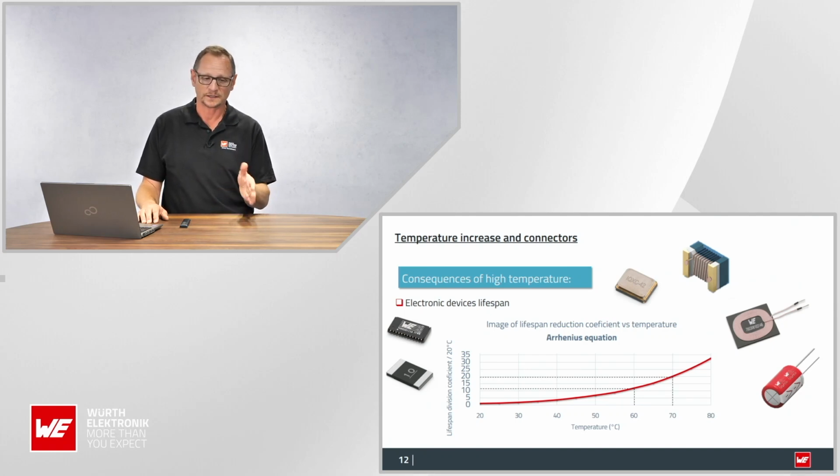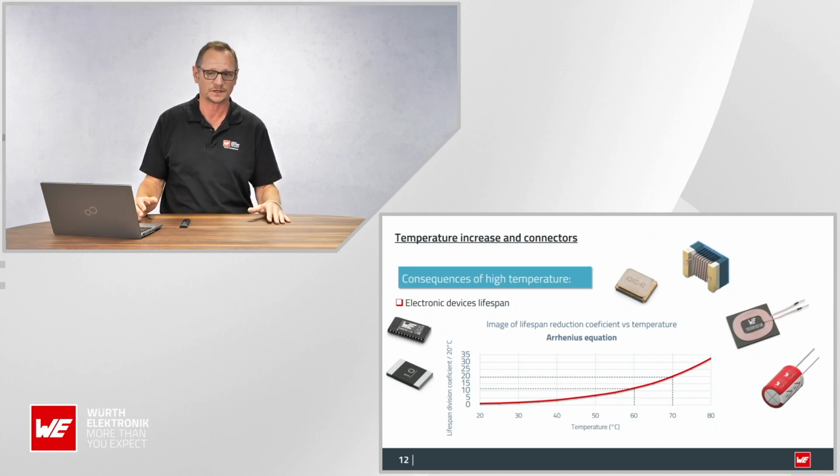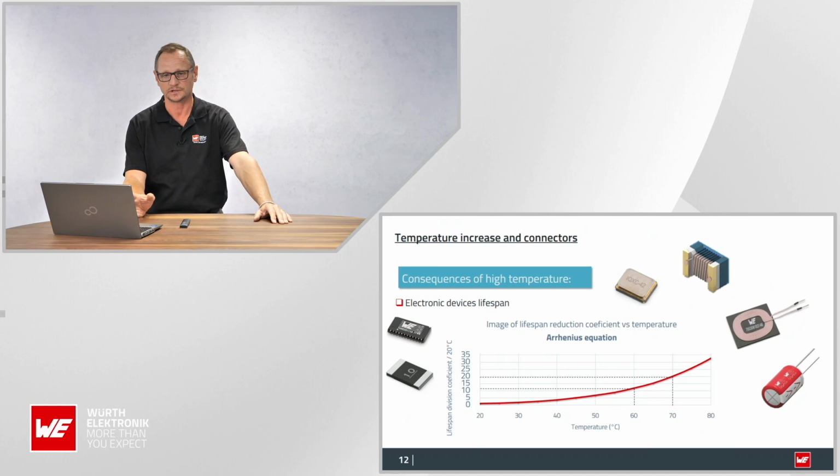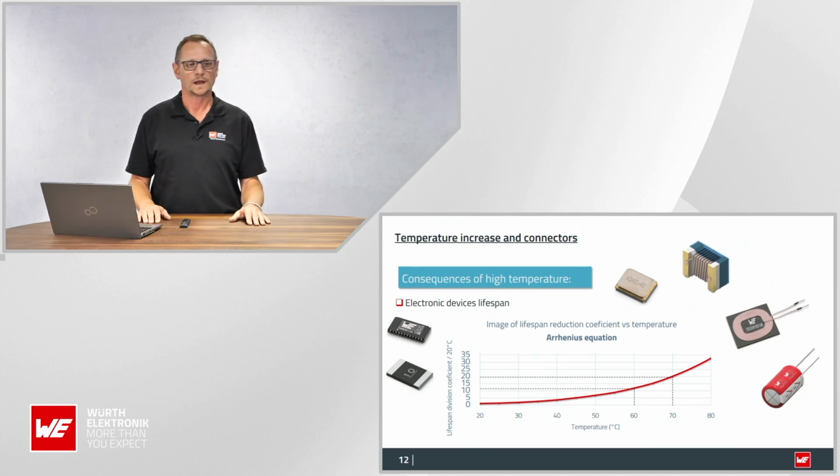And by the way, if we look at a data sheet, all the data given there is related to the ambient temperature in a laboratory, about 20 up to 25 degrees. So everything that you can read in a data sheet relies on that.